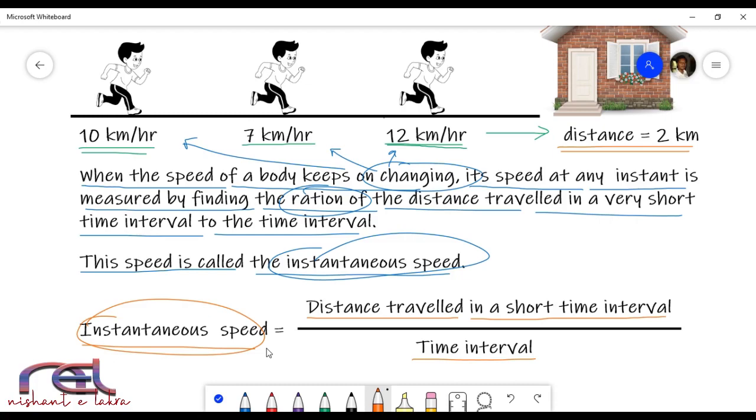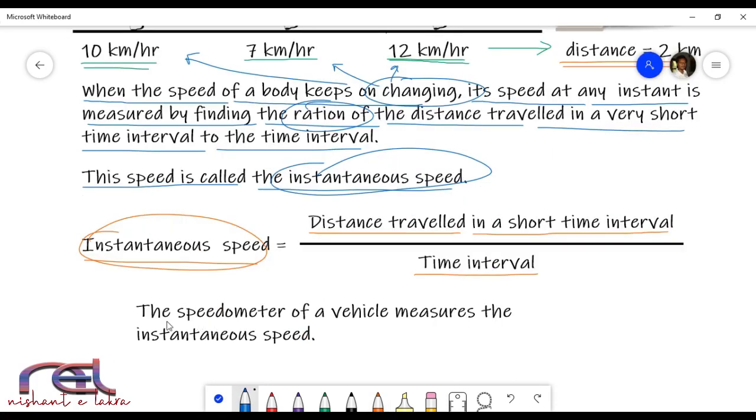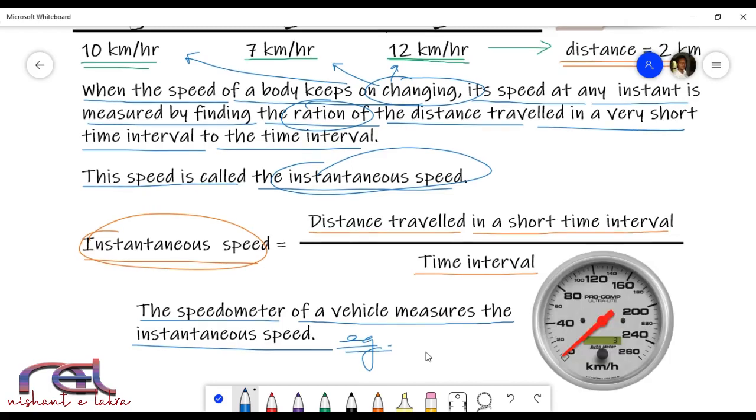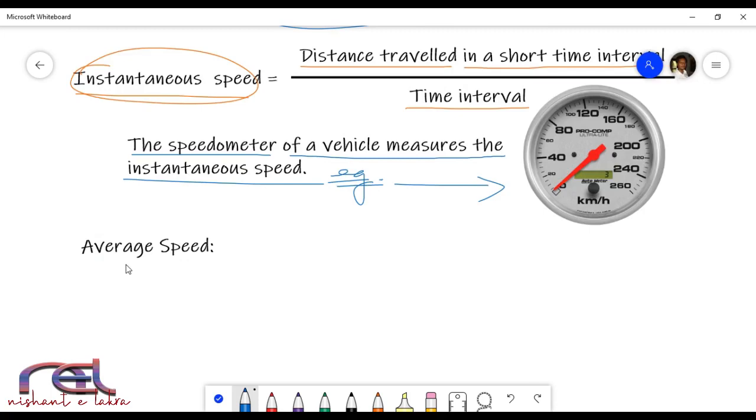For example, the speedometer of a vehicle measures the instantaneous speed. I hope all of you have seen a speedometer. It doesn't remain the same. It depends on the traffic. It might be 10 km per hour, or 80 km per hour, and again reduce to 20 km per hour.